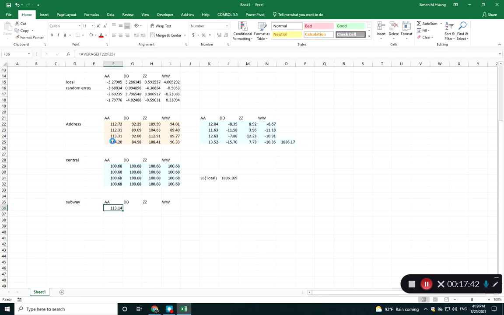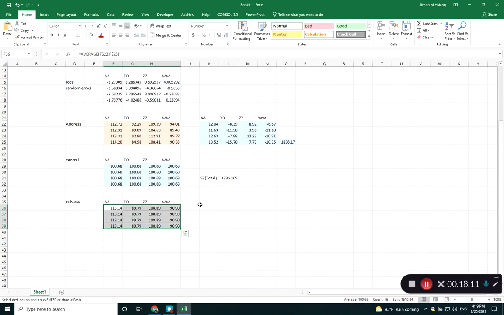So we'll have these four. This time I need to lock only the row. Okay, so 113 above 100, 89 below 100, yada yada.